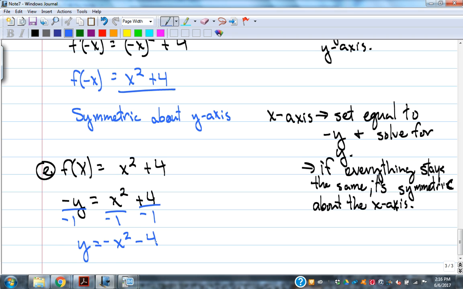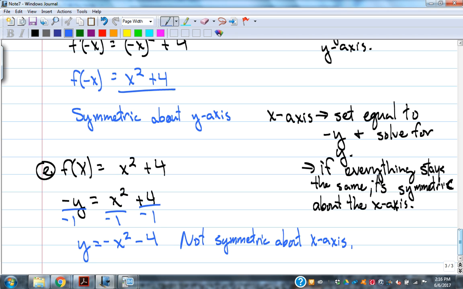Did everything stay the same? No. They're both the opposite sign that they were. Not likely that everything stays the same for checking this. So that's not symmetric about the x-axis.